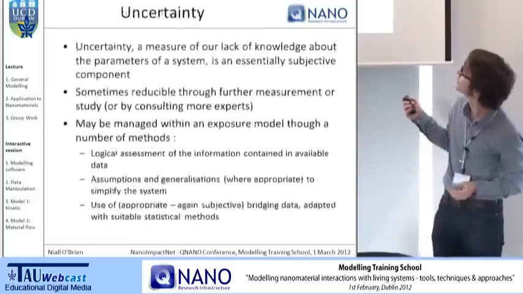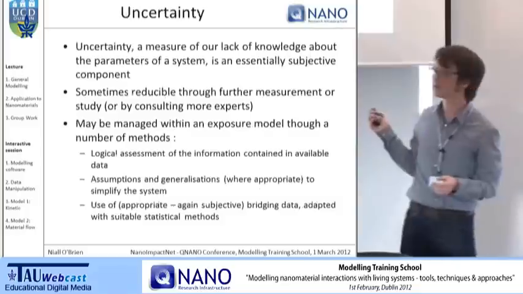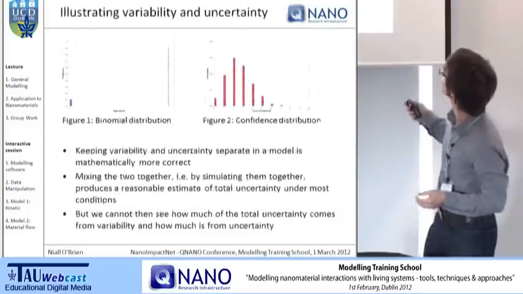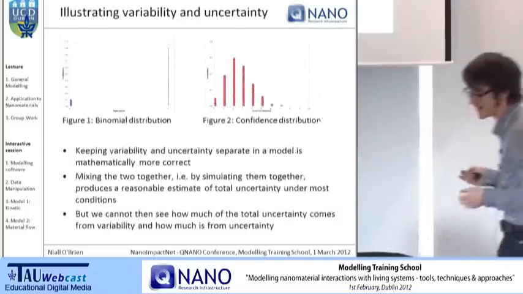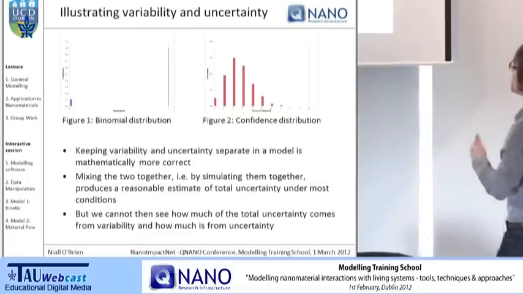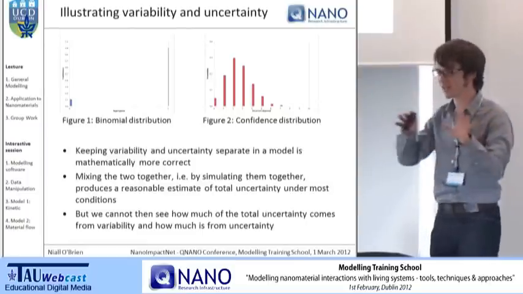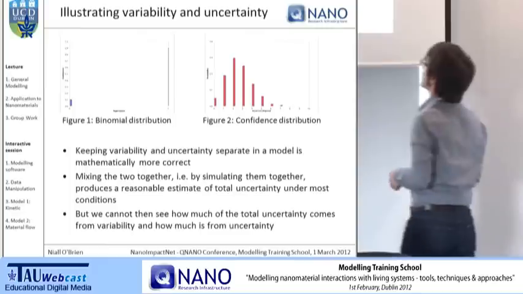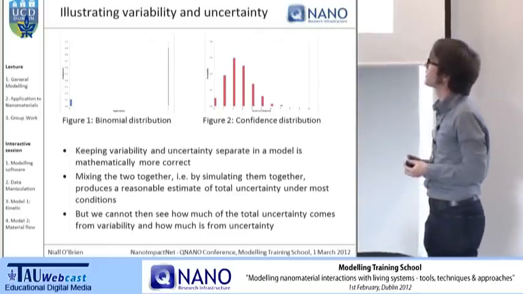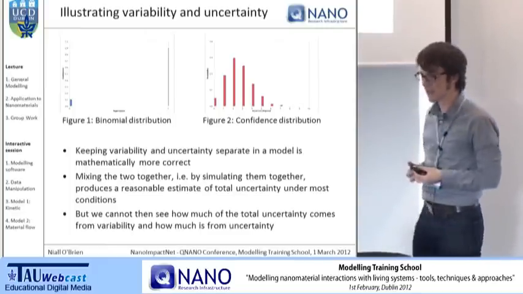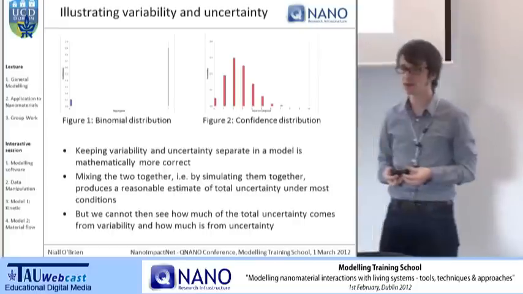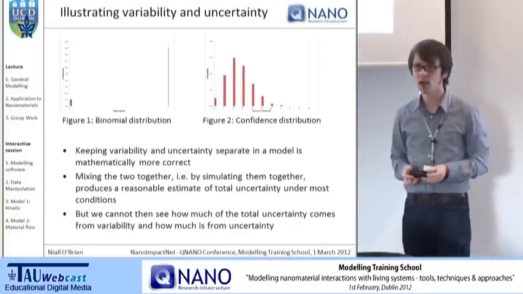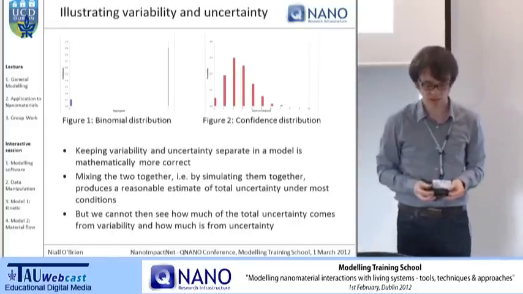Uncertainty. Again, I didn't do a good job of illustrating variability and uncertainty, but we'll look at it later in more detail. So, keeping variability and uncertainty separate in a model is mathematically more correct. So you'll have certain elements that vary, so there's natural variability in these elements, and certain elements that we're uncertain about.